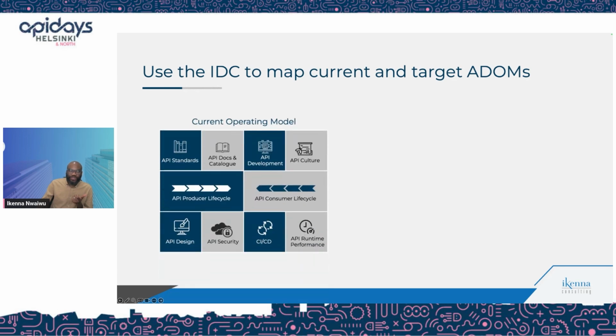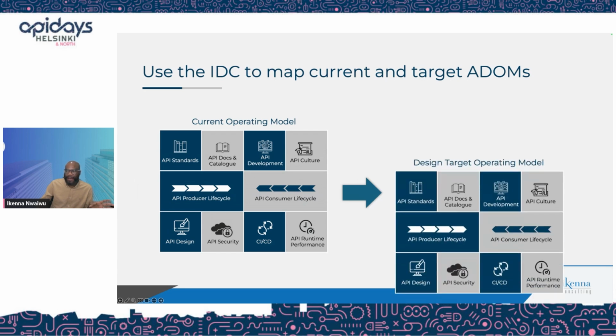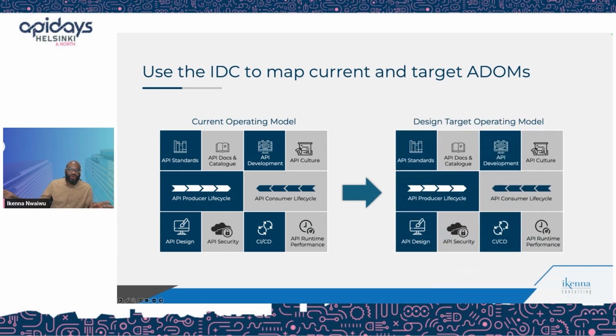But I do want to point out that this kind of template is good for understanding the current state of our API delivery, and also, having understood that current operating model, to then map a target operating model that we want. That can be for the consumer journey, or for our CI/CD or API ops pipeline for API delivery.